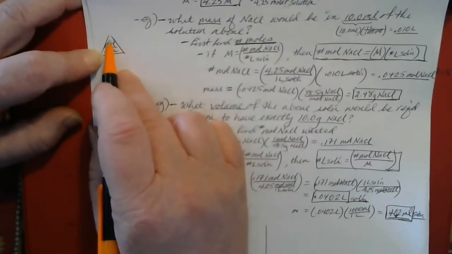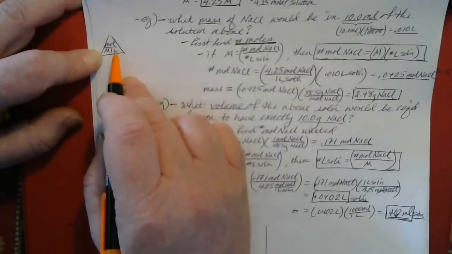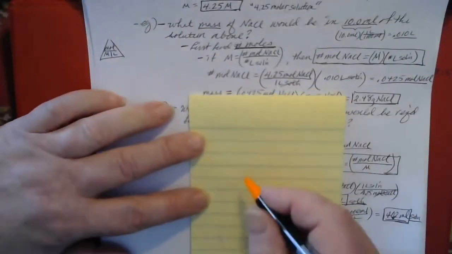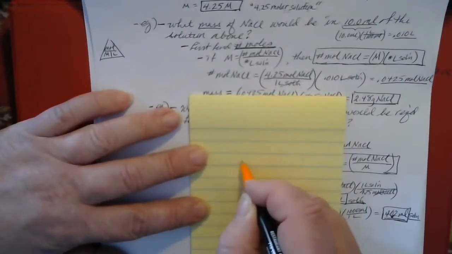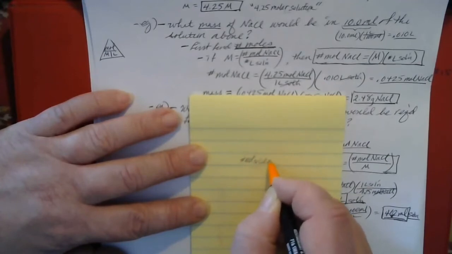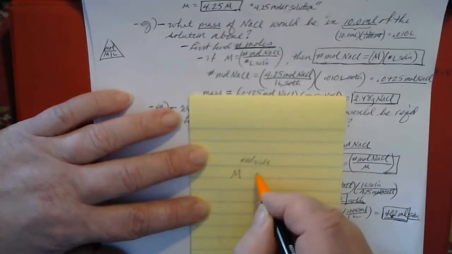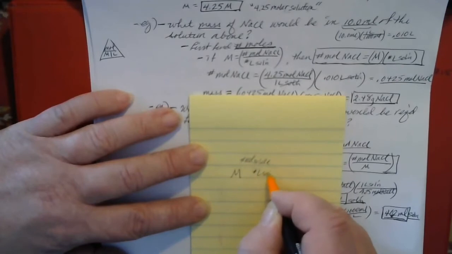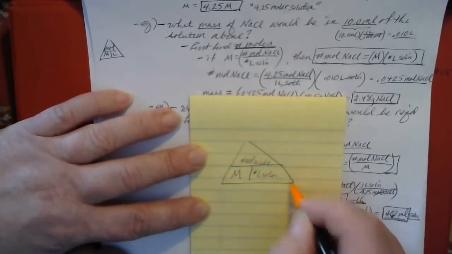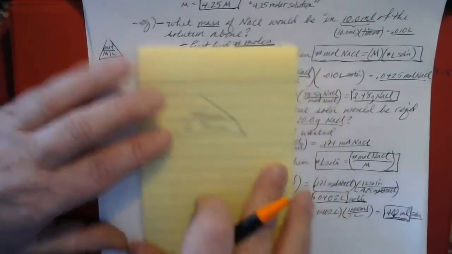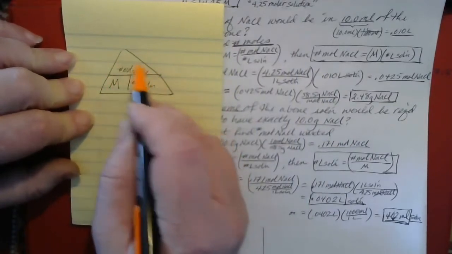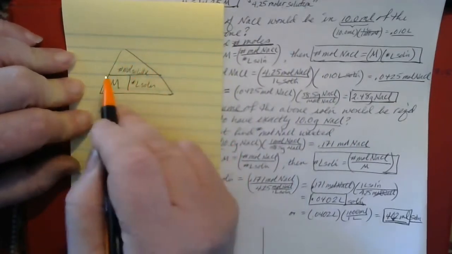So if molarity is number of moles per liter, you can make a little lopsided pyramid here. It looks kind of like the step pyramid in Egypt.